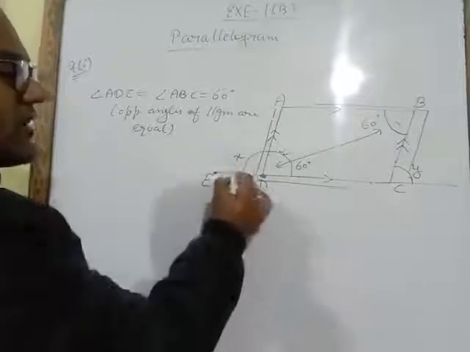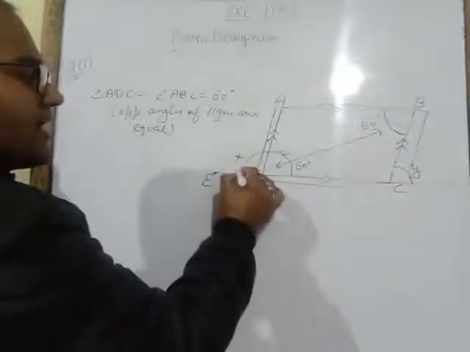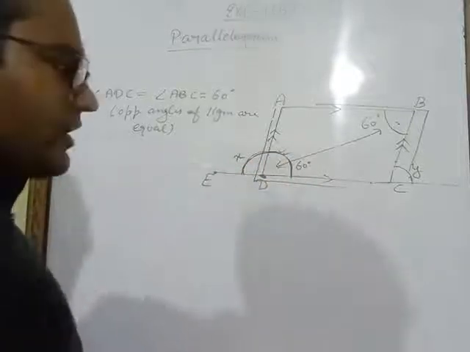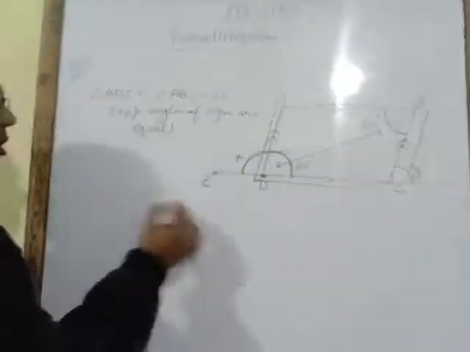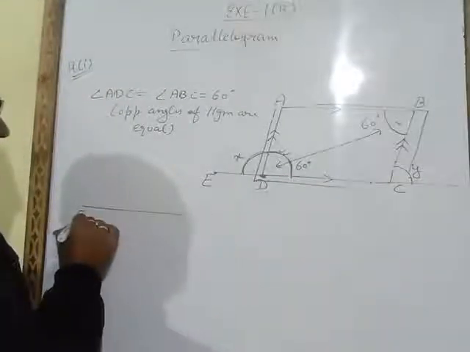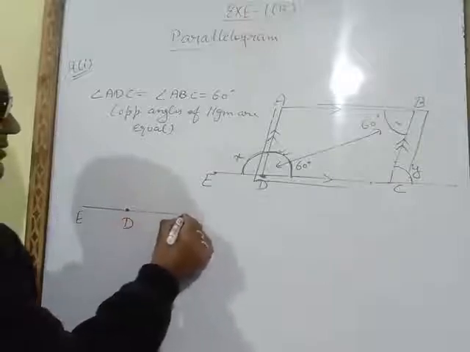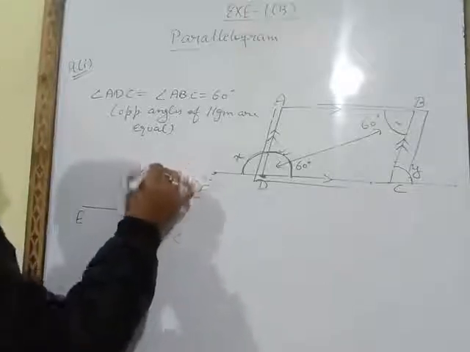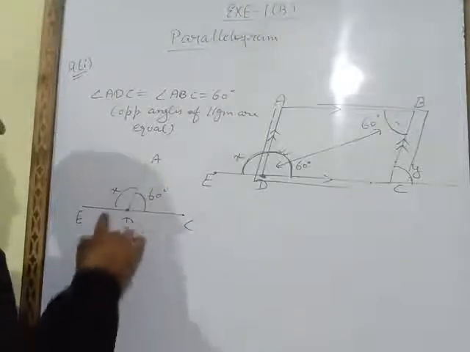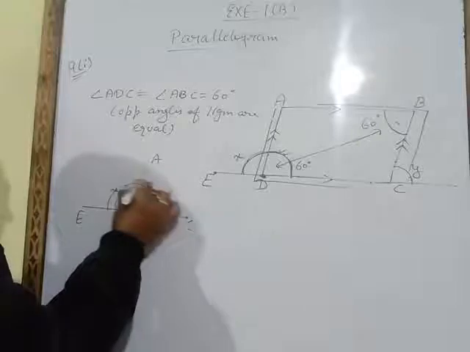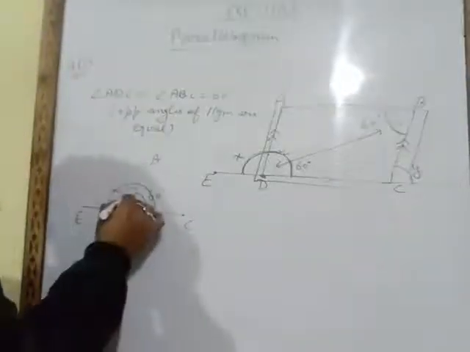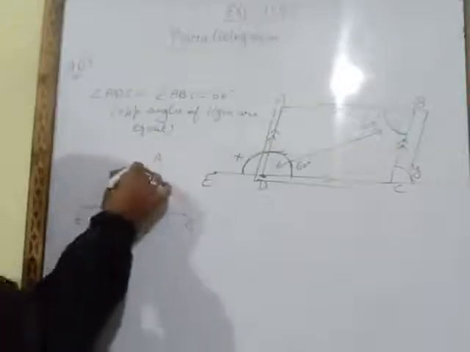Now here you will observe this is a straight line and here it is a half circle. So here we have to use the linear pair property, or we can say angles on a straight line. So the figure given is E, D, C, and on the upper side it is A. This one angle we had already calculated as 60 and here it is written x. So this is the angle on a straight line. We can say these two are linear pair angles. So the name of this angle is ADE.